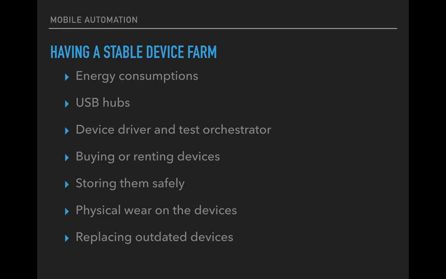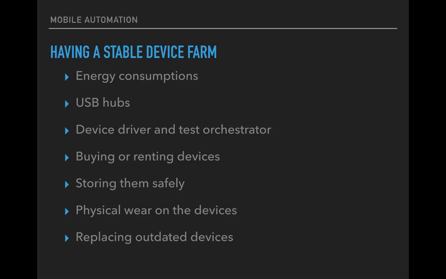You have to think about your device drivers and your test orchestrators. Are you in the same room? Because of course your test devices need to be connected physically to your test orchestrators. Do you want to buy or rent your devices? You have to, of course, store them safely. If you buy the latest iPhone XS or XR or whatever it is, you have to make sure that it's safe.